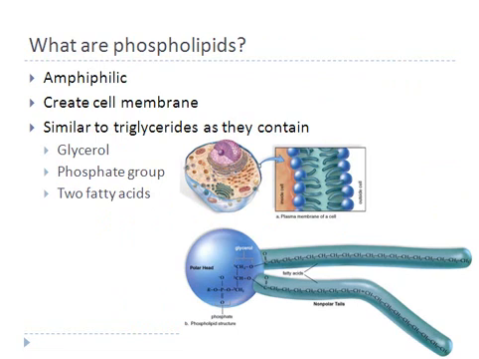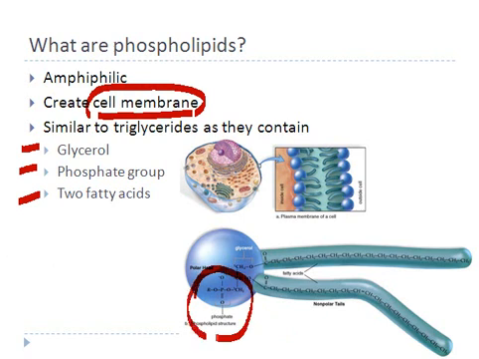What are phospholipids? Phospholipids are examples of lipids that are present mainly in the cell membrane. They're similar to triglycerides. They also contain glycerol. They also have a phosphate group, but instead of 3 fatty acids, they have 2 fatty acids. So the third fatty acid has been replaced by this phosphate group.